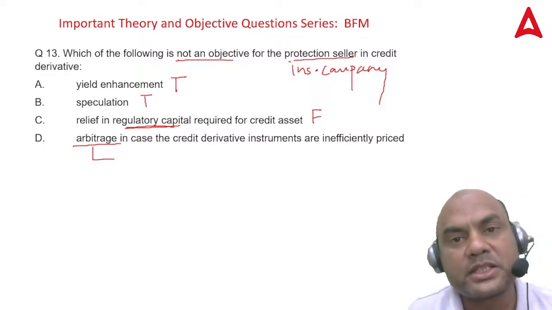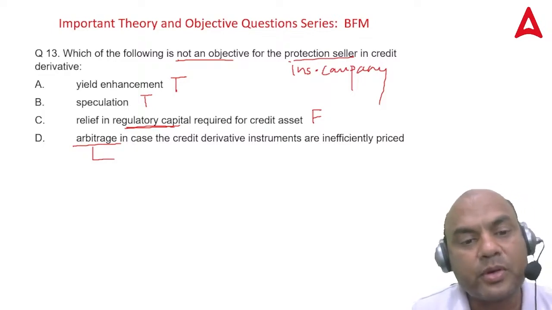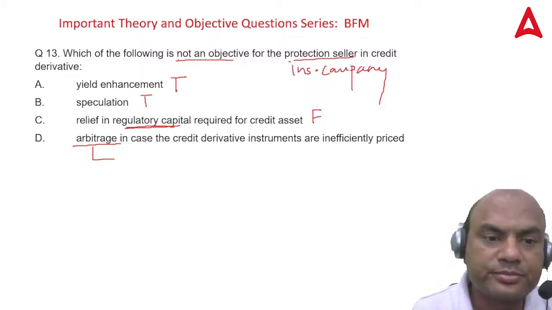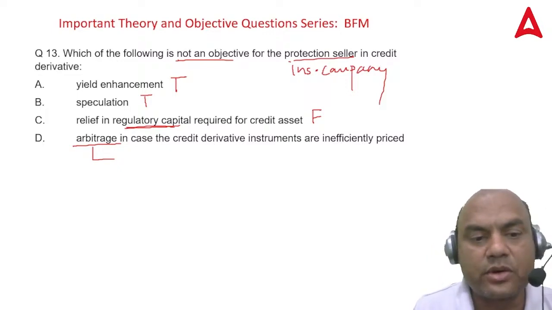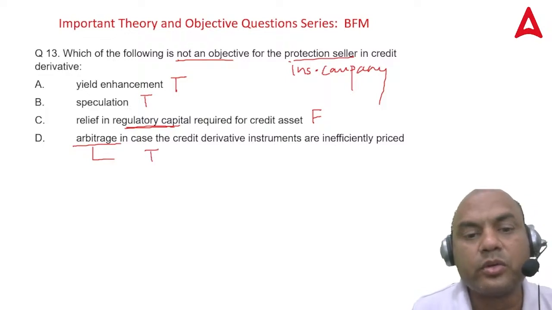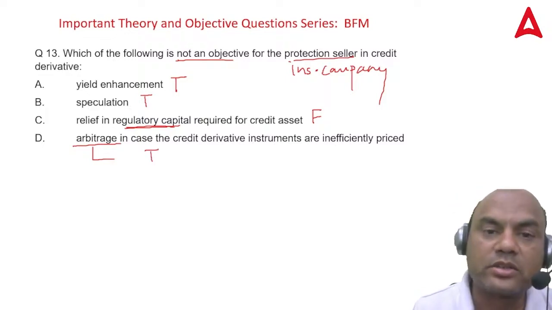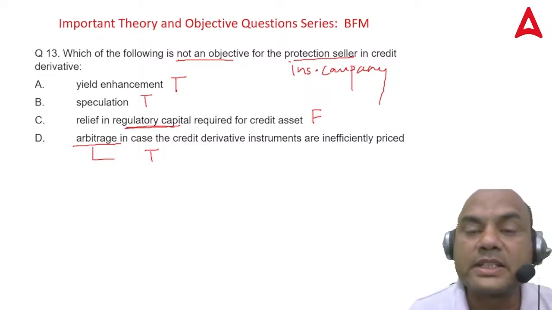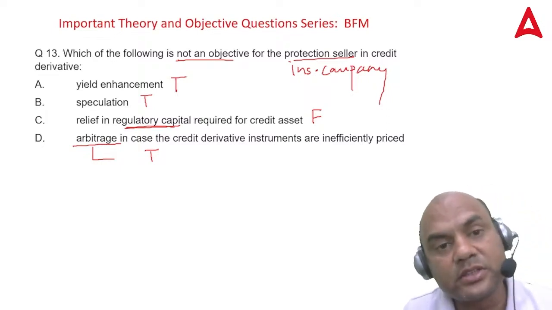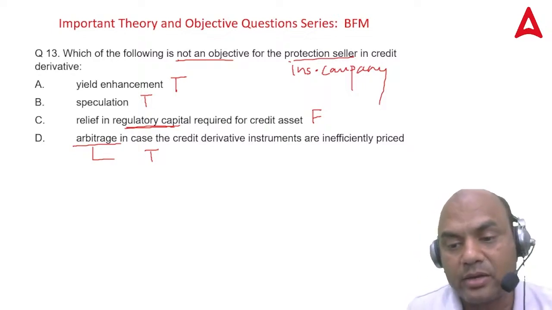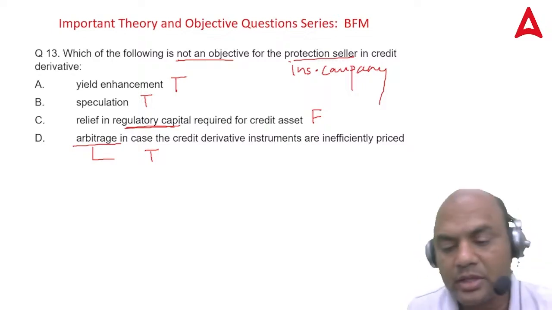It's for the protection buyer also, it is for the protection seller also, okay? Arbitrage, so this is true. So the only answer which is false is relief in the regulatory capital of credit asset. This is not the objective of protection seller. This is the objective of protection buyer. Always remember, okay?